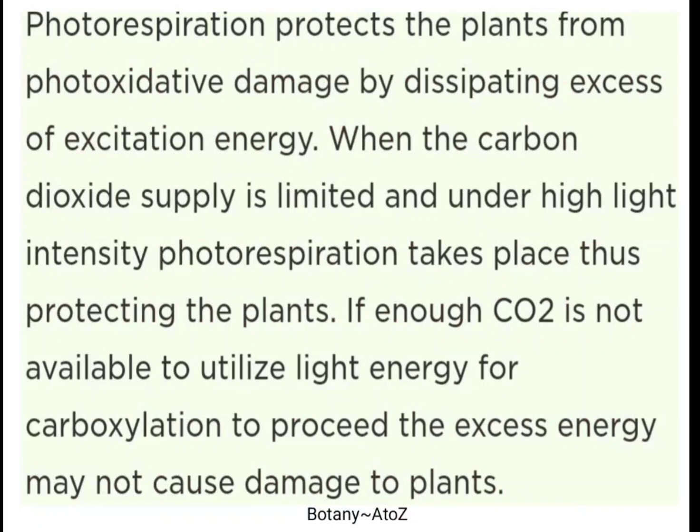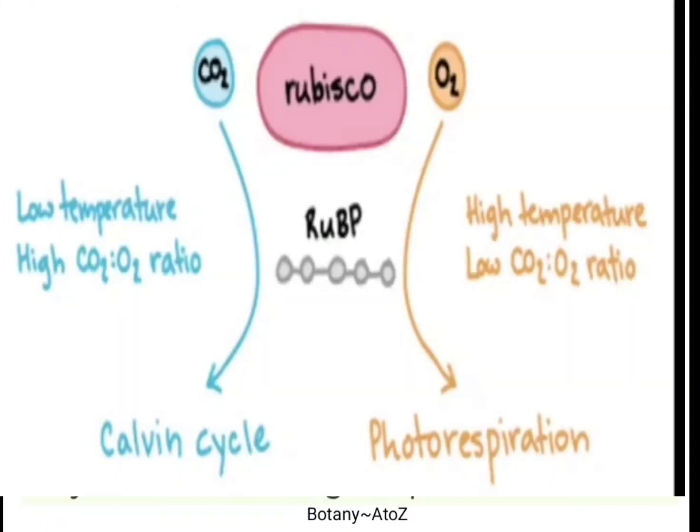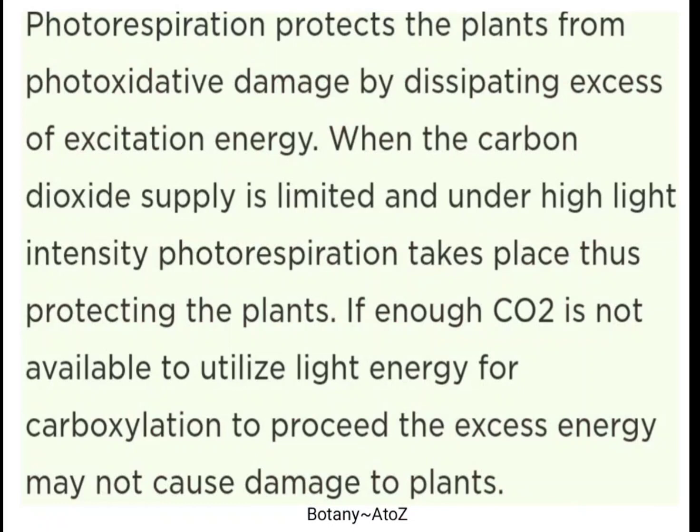As I said earlier, when the temperature is high or the carbon dioxide concentration is low, RuBisCO will not be able to act as carboxylase. As a result, the large amount of ATP and NADPH that has already been produced in the light reaction part of photosynthesis, and obviously when the temperature is high, further more ATP and NADPH are produced.